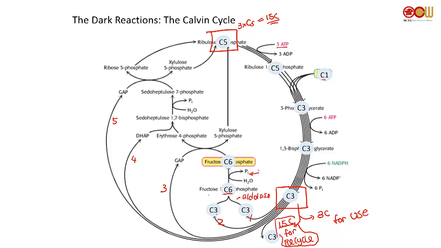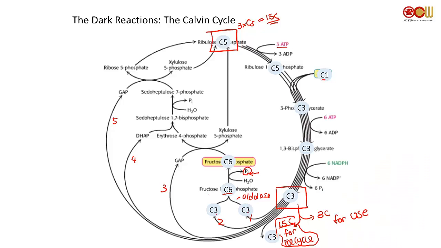This guy is called what? Do you remember? In gluconeogenesis, this is something phosphatase, right? So it's a phosphatase that will remove the phosphate, and you generate F6P, right?